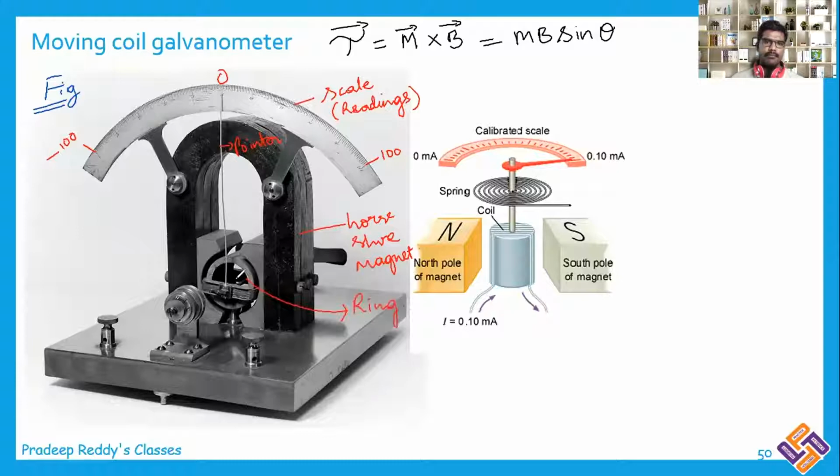This ring is actually a metallic ring, a metallic conductor, and it is able to rotate within the magnetic field. You can consider this as the North Pole and this as the South Pole, and you have a metallic ring, and this metallic ring is attached to a pointer.